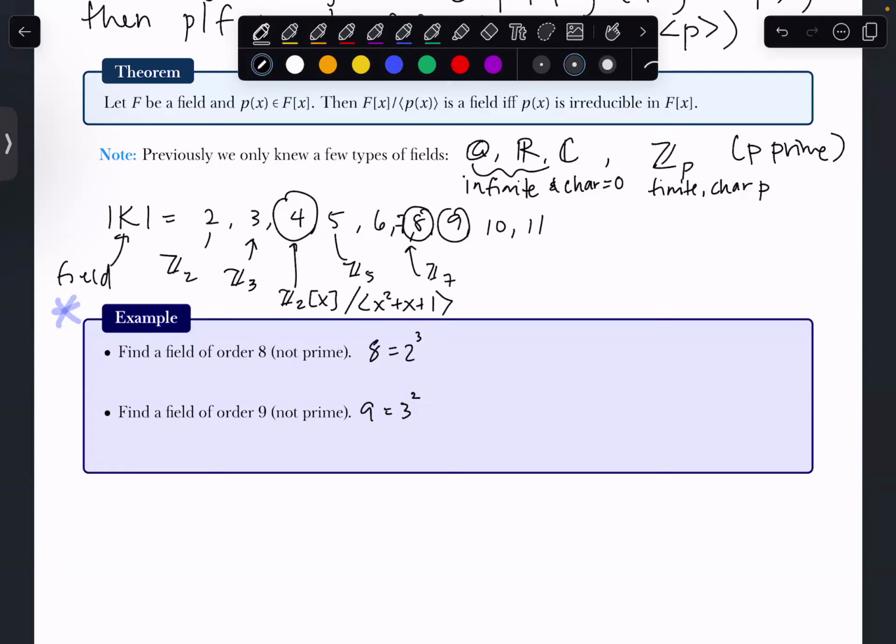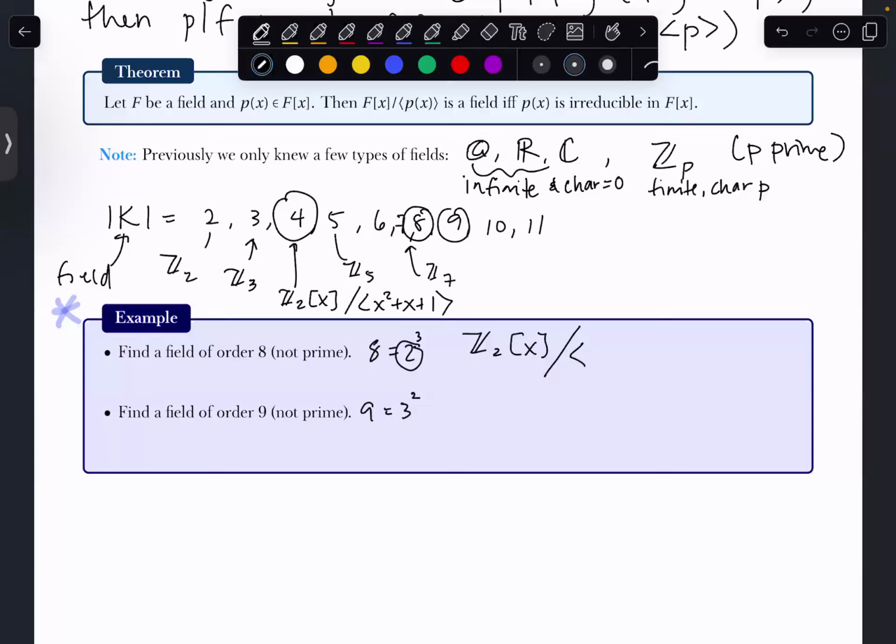So here, because my prime is 2, I'm going to think coefficients come from Z2. Okay, and the thing I want to mod it out by is an ideal generated by an irreducible polynomial where the 3 comes from the degree of the irreducible polynomial. So if I can find an irreducible polynomial in Z2, then I'm golden.